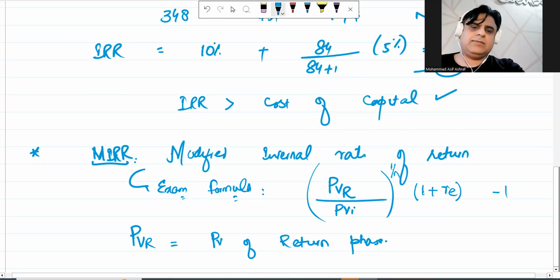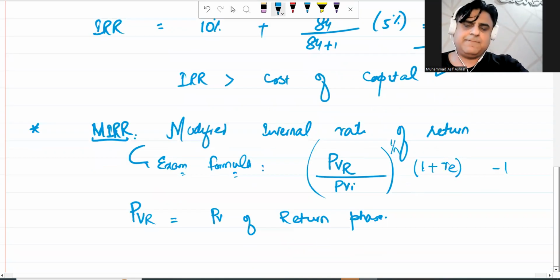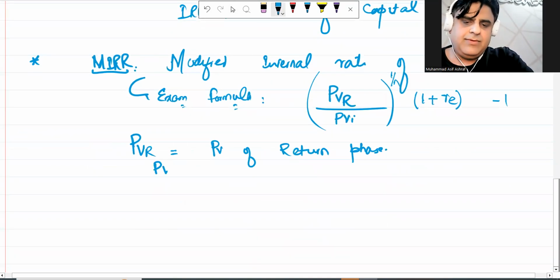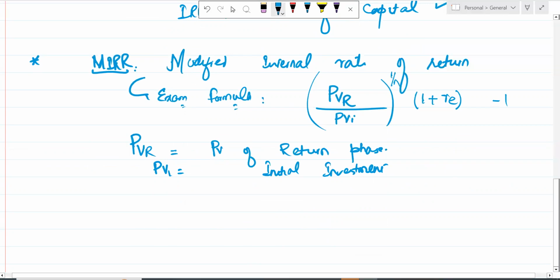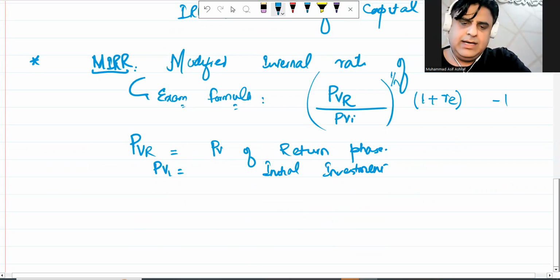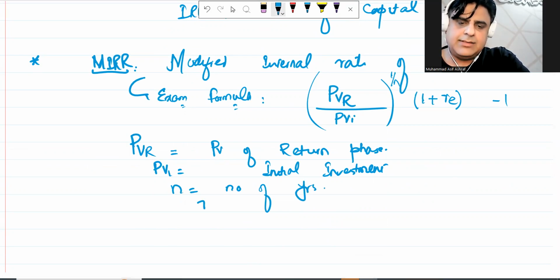So the present value of those 3 years is the present value of the return phase. The present value of the investment phase is normally the initial investment. N is the number of years, and RE is the cost of capital.